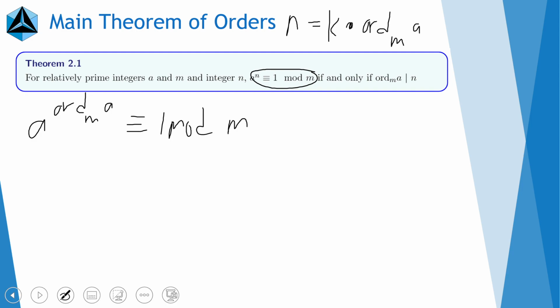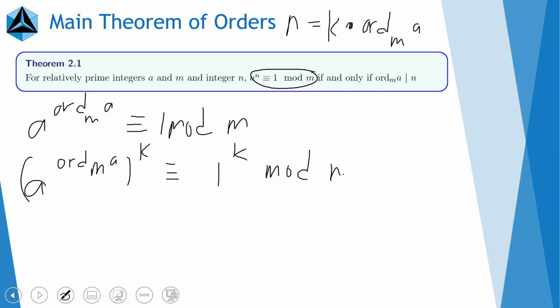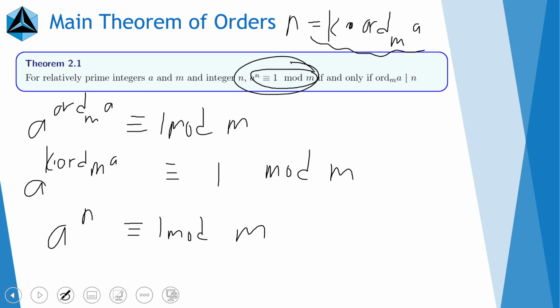Raising both sides to the kth power doesn't harm the equality. 1 to the k is just 1, so we ignore the exponent for now. By our exponent rules, the left-hand side becomes a to the k times the order, which is exactly n. So we replace this with a to the n is congruent to 1 mod m, which is exactly what we wanted. We have proved the first direction.